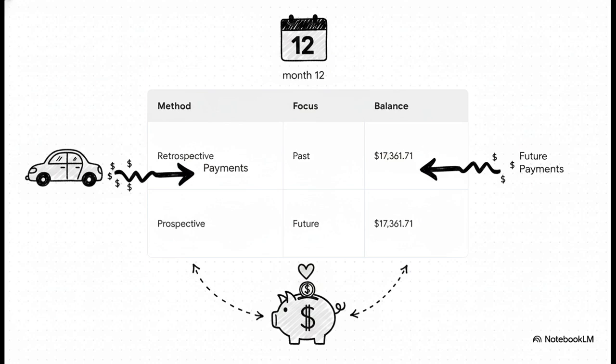But if we flip it and use the prospective method, discounting his remaining 24 future payments back to the present, the math yields, drumroll please, exactly $17,361.71. 2 completely different mathematical paths arriving at the exact same penny. That, my friends, is the magic of amortization.